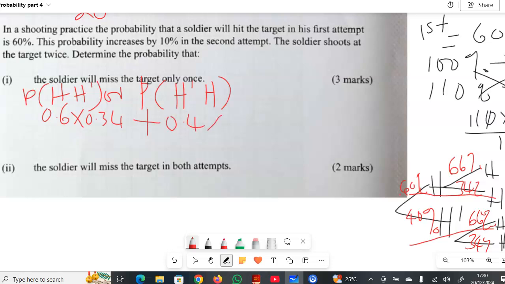Then multiply by hitting the second case is 0.66. So when we multiply that, and adding the 2, we are going to have 117 out of 250, or 0.468.